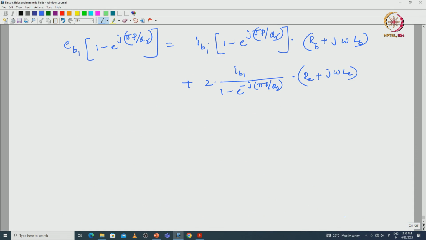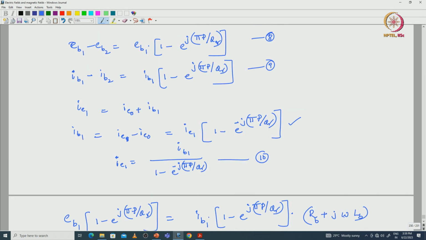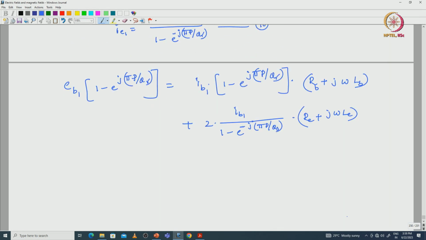By substituting equations 8, 9, and 10 in equation number 3, we get equation number 11.